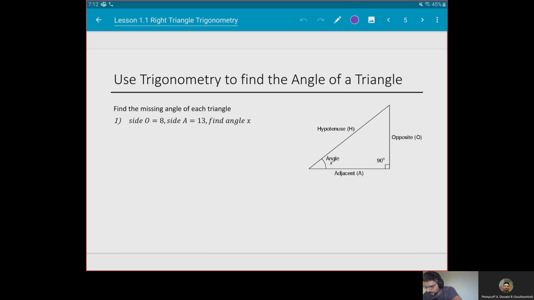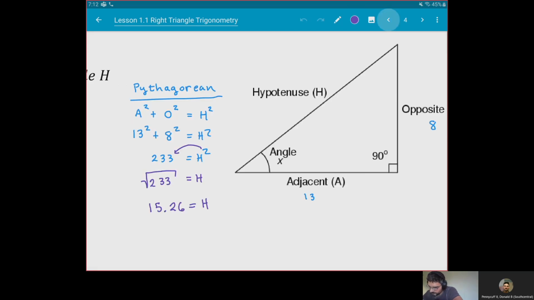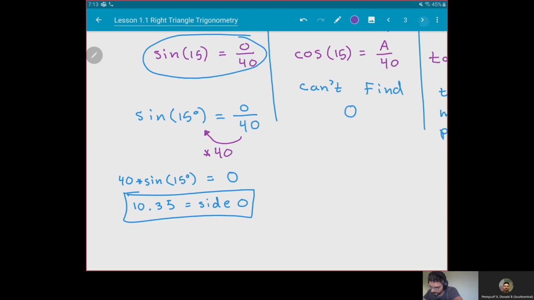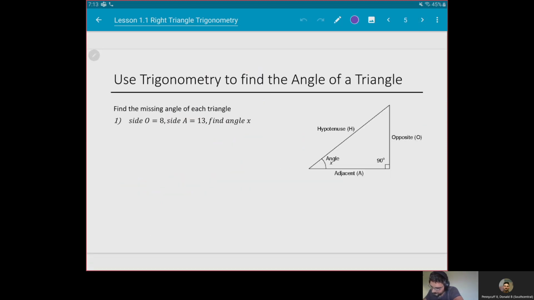Keep in mind that it only finds the angle on the inside corner here. If you want to find the other angle, you subtract the inside corner from 90, and that will give you the other angle, that top corner up there. So you do want to be careful about that.